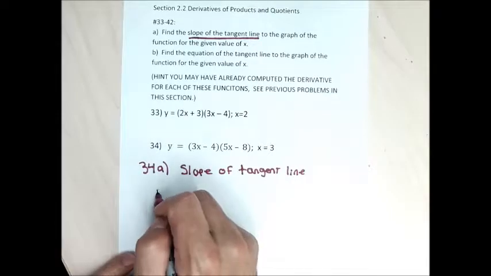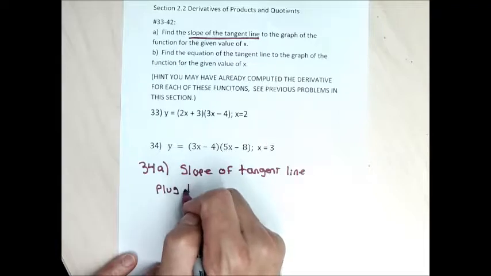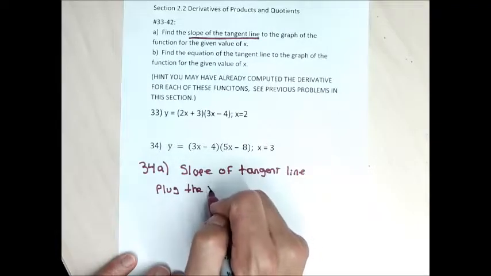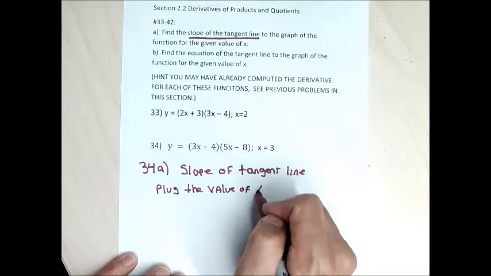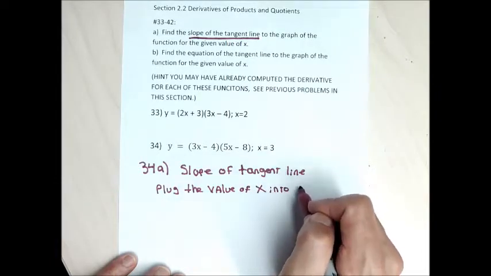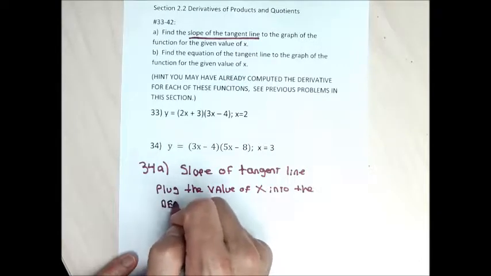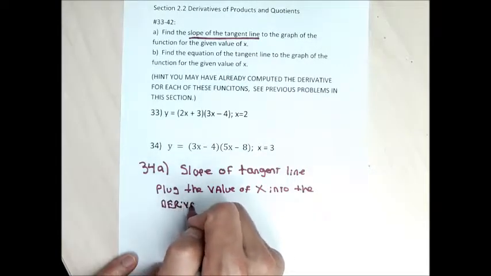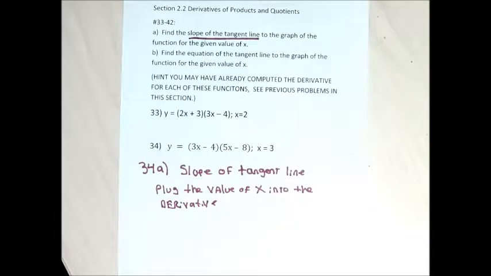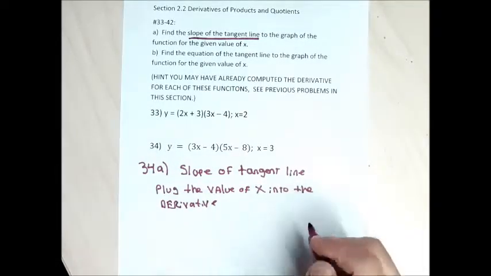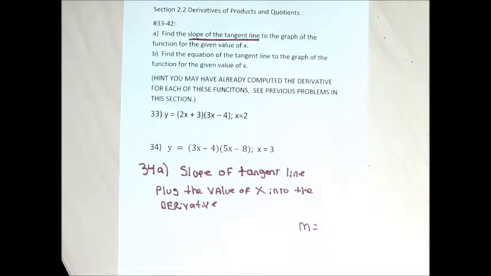So plug, or substitute, the value of x into the derivative. So for part A, the answer is just going to be a number, like m equals something, whatever the slope of the tangent line is.